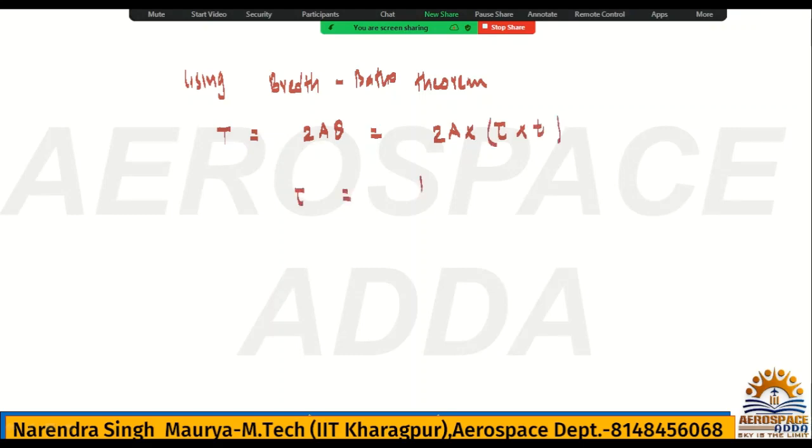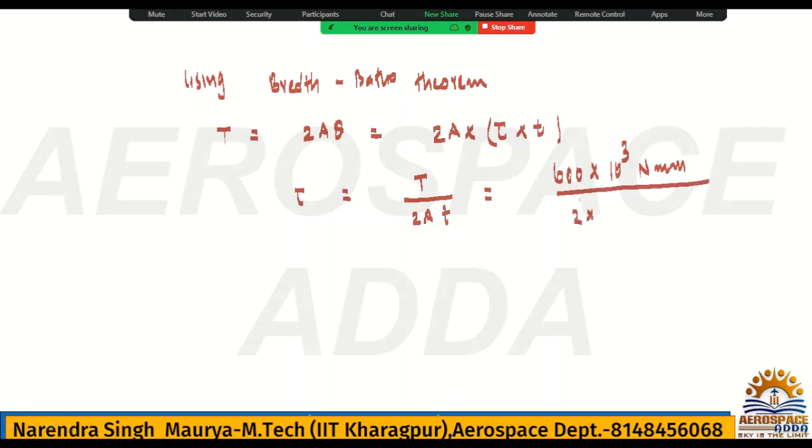It is torque divided by 2a into t. The torque you have is 600 Newton meter, but the area is in mm square and the thickness is also in mm, 2 mm. So better you convert this 600 Newton meter into Newton millimeter, which is 10 to the power 3. Now it's Newton millimeter.